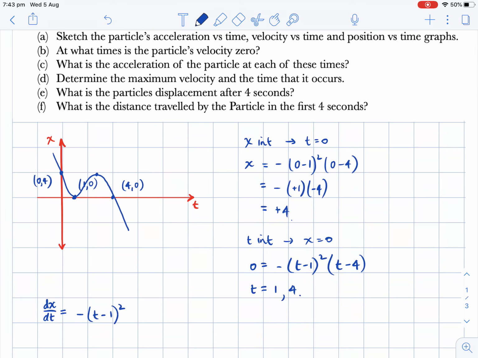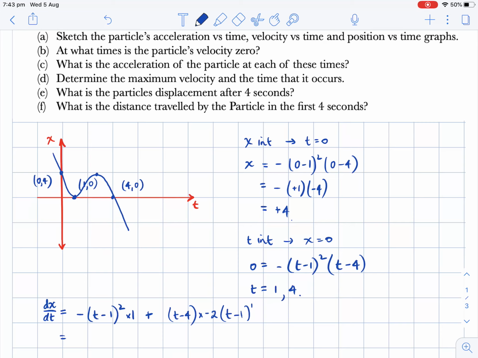The derivative of t minus 4 is just 1, plus I'm going to keep the second bracket, which is t minus 4, and differentiate the first one, which will be negative 2 times (t minus 1) to the power of 1.